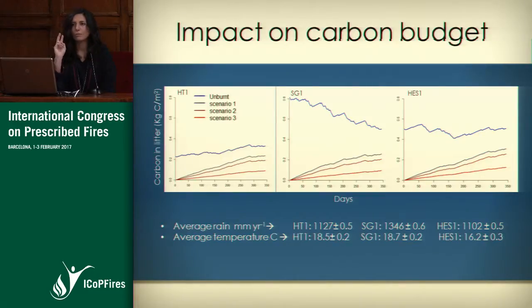And this can be attributed to two factors. First of all, what is the initial state of the plot? And also the other factor is the climate variation. So the balance between litter fall and decomposition. So if a site is more moist and if it is hotter, how is that affecting the decomposition compared to litter fall?